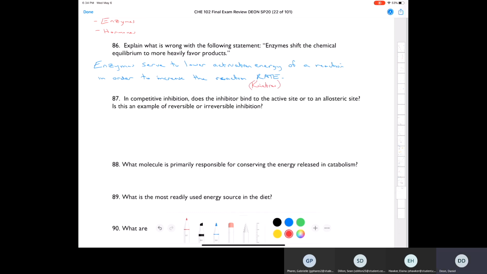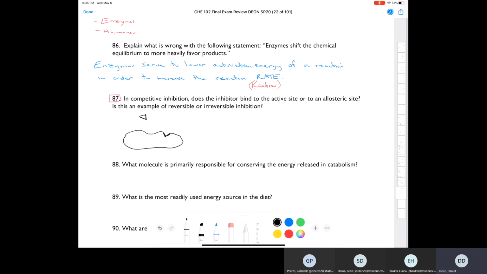Okay, there we go. Number 87 says, in competitive inhibition, does the inhibitor bind to the active site or to an allosteric site? Is this an example of a reversible or irreversible inhibition? Now, if we have some kind of substrate here, there's our substrate, and this is our binding site, our active site. Well, we can have the inhibitor, right?